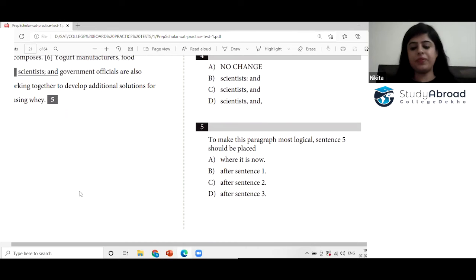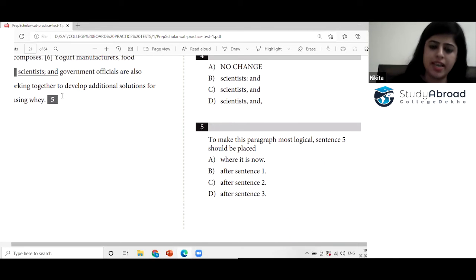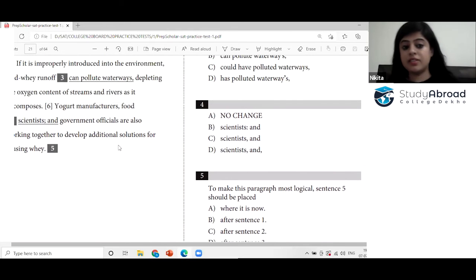All right. Now let's come to the next question, which says to make this paragraph most logical. So which paragraph? Let's trace down 5. 5 is written over here and there is nothing following after that. That is why the direction is given over here.